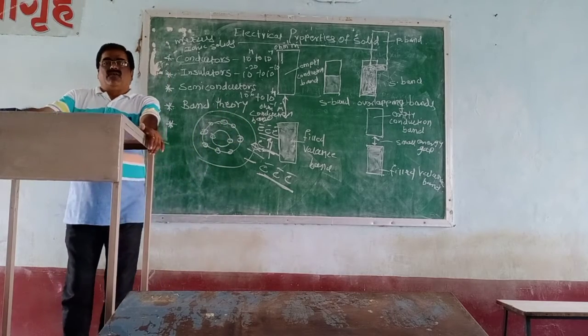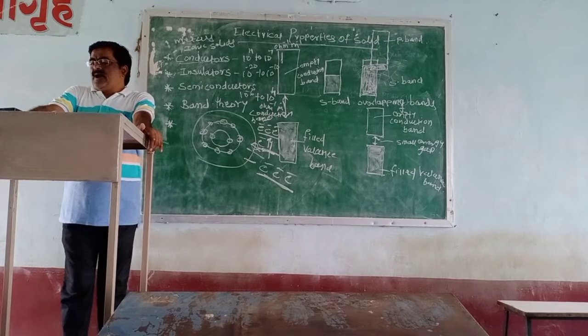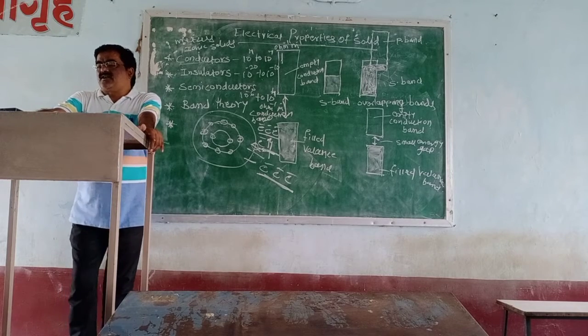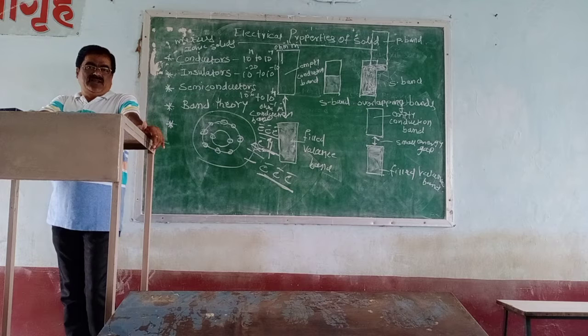Then the valence band. The band having the lower energy than the conduction band is called the valence band.